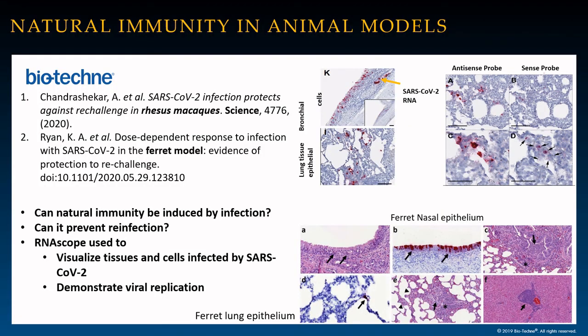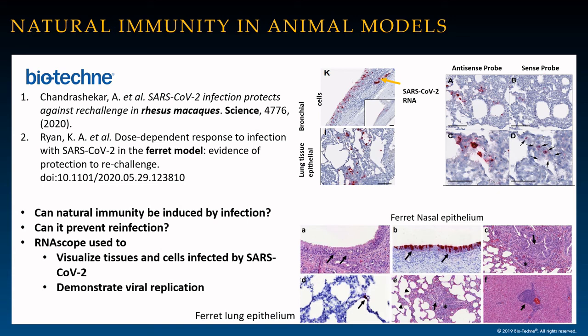To understand natural immunity, the questions that were being asked in the field were, can natural immunity be induced by infection, right? So once a person is infected, is there an immune response that can prevent the person from being reinfected?